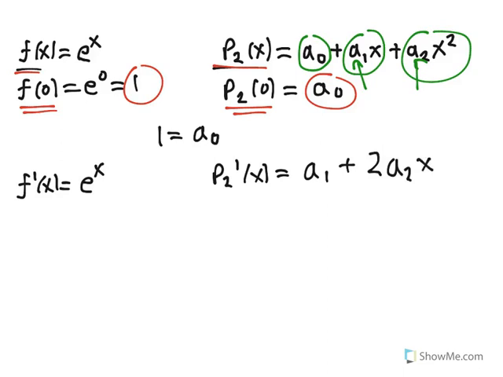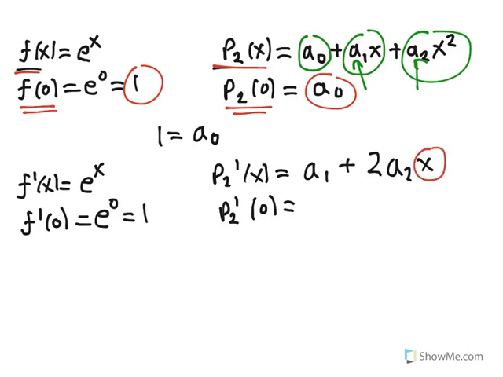So again, what is it that we want? We want to set the derivative of our function f evaluated at 0 equal to the derivative of our second degree polynomial function evaluated at 0. When you evaluate the derivative of the second degree polynomial function at 0, you just substitute 0 for x, so that gives you just a sub 1.